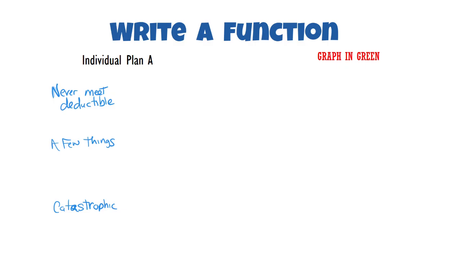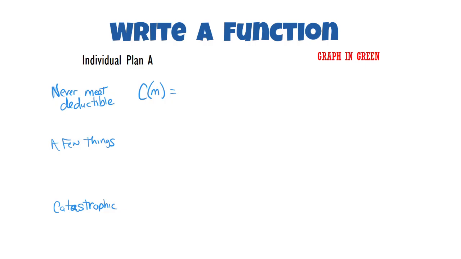So let's start with you never even reach your deductible. Okay, so remember, this is a cost function with respect to what medical expenses you incur. All right, so first of all, this is going to be kind of a pain because it's like back and forth, back and forth. Hopefully you have your notes. You can peek back.